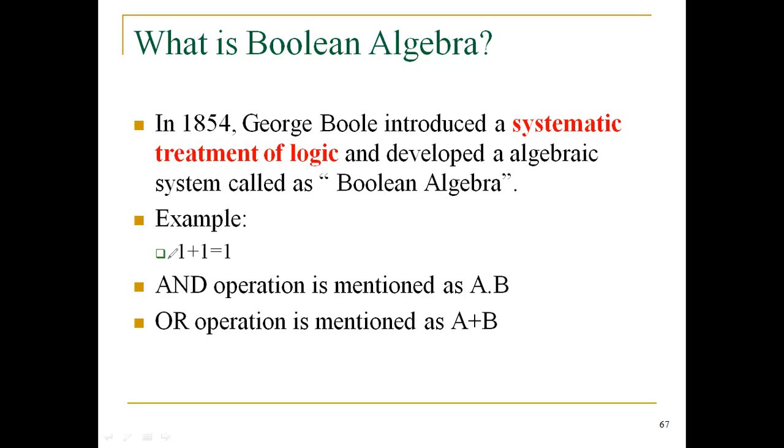Say, for example, what is the systematic logic? It means that 1 plus 1 equals what? We discussed this in the earlier sessions. In decimal, 1 plus 1 is equal to 2. But in binary, as I already explained to you, 1 plus 1 gives sum equal to 0 and carry is 1.